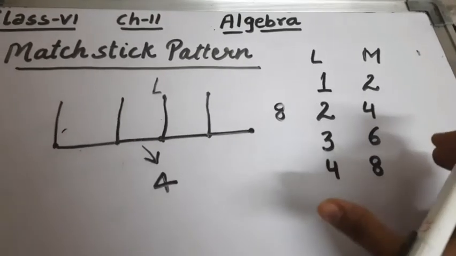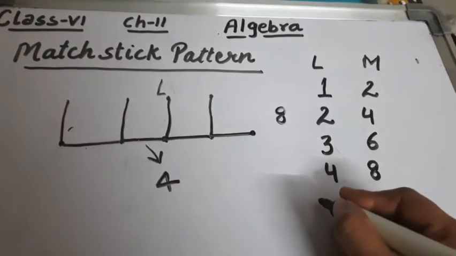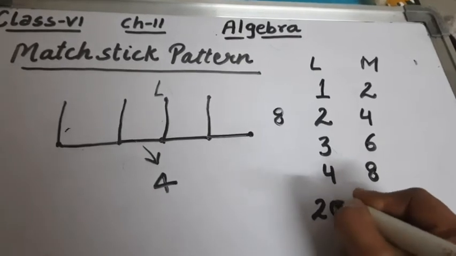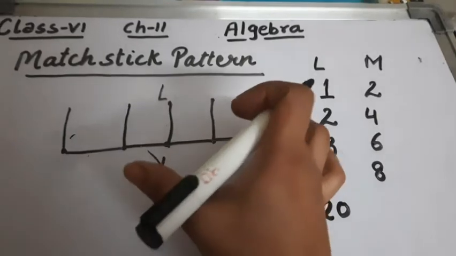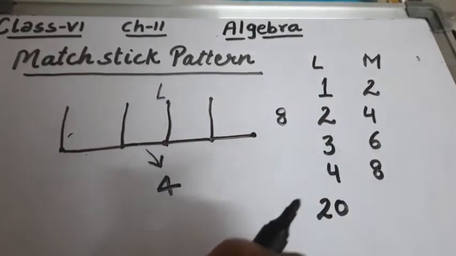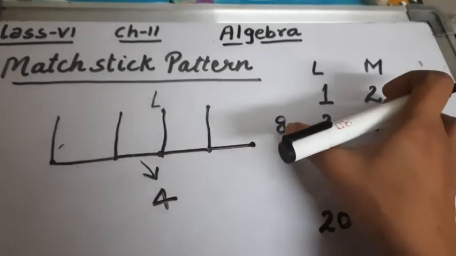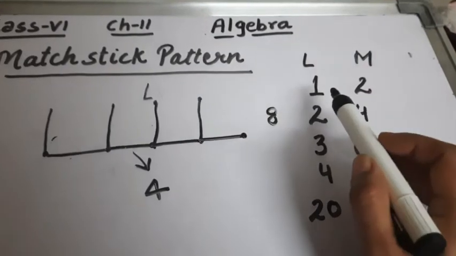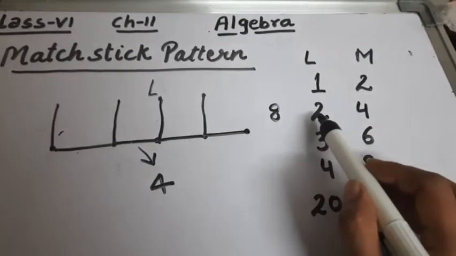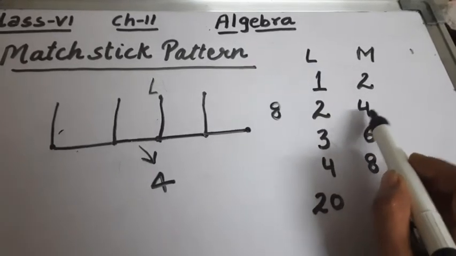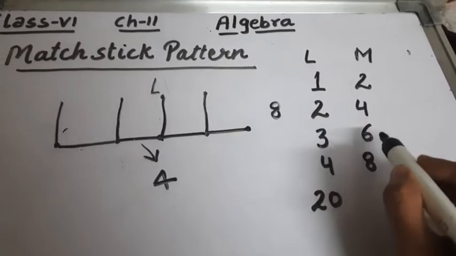But if I have to make 20 L's, then how many matchsticks are required? Now it will become difficult to draw 20 L's. Just see the pattern here. If 1 L, then 2 matchsticks. If 2 L's, then 4. If 3, then 6.